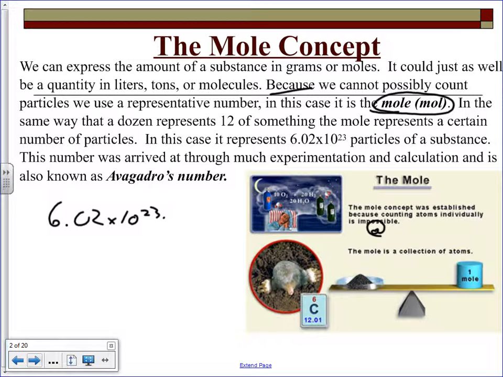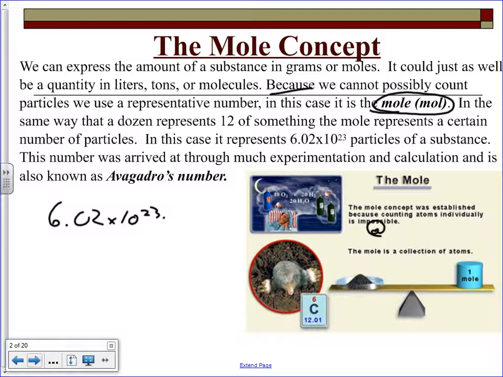I shouldn't say weighs more, it has a greater mass. If we keep going all the way down to something really heavy like uranium, it has 92 protons, an ungodly number of neutrons, and 92 electrons, and obviously it's quite heavy. So when we have 6.02 times 10 to the 23 atoms of uranium, it's obviously a lot heavier. Everybody with me there?